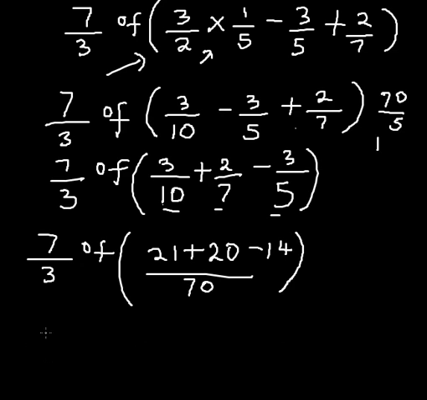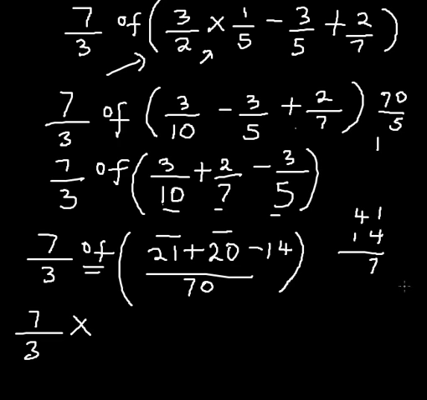All right, let's proceed. 7 all over 3 of is the same as multiplication. Please take note: of in mathematics is multiplication. Then this is going to be 41, pardon me. Then 41 minus 14. Carry 1 here. 11 minus 4 should give me 7.